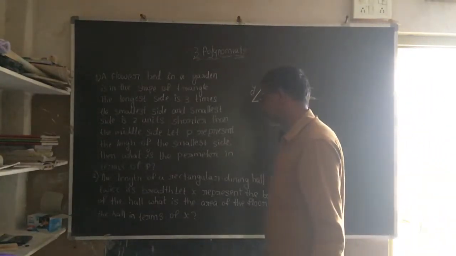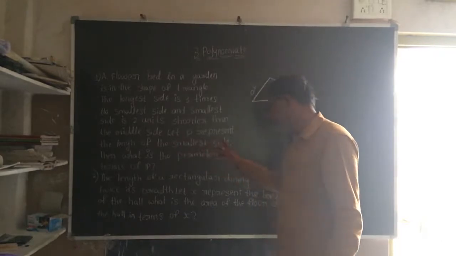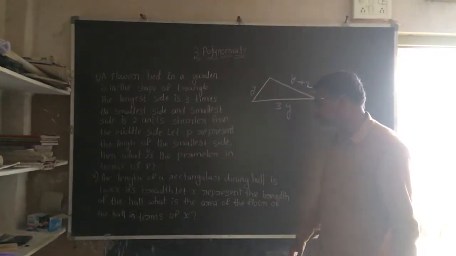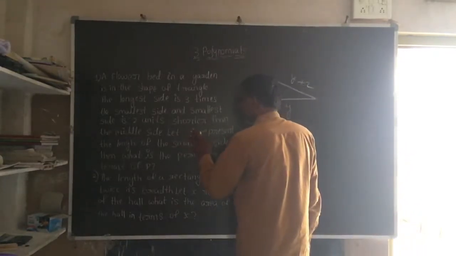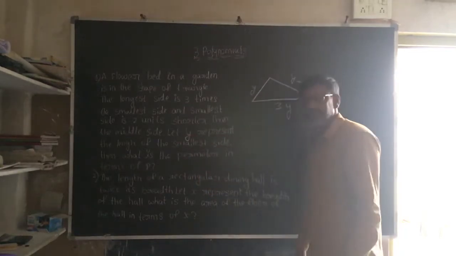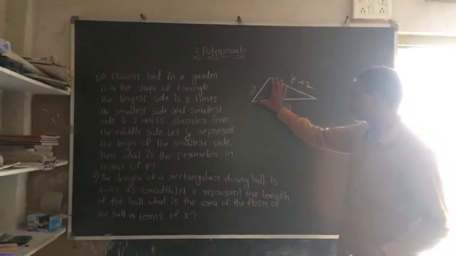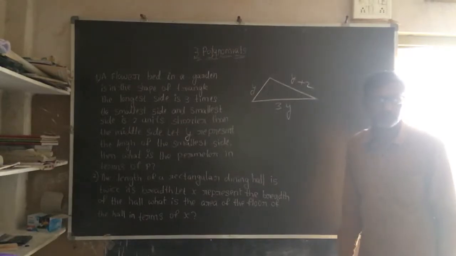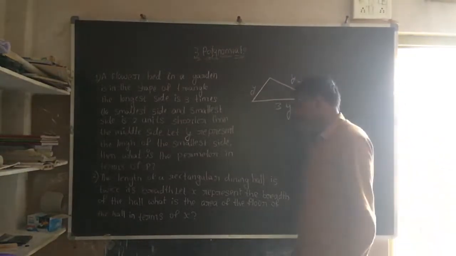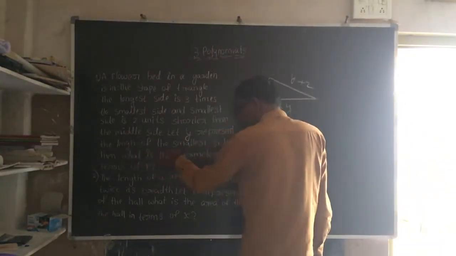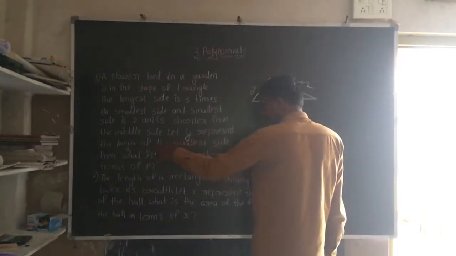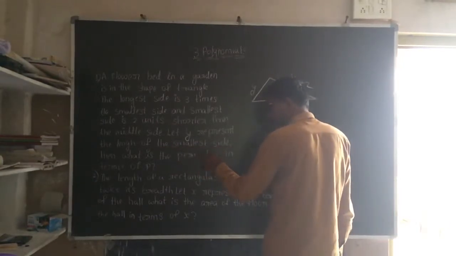After that, here P represents the perimeter, and I have taken y as the length of the smallest side.